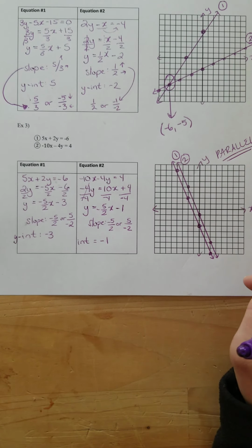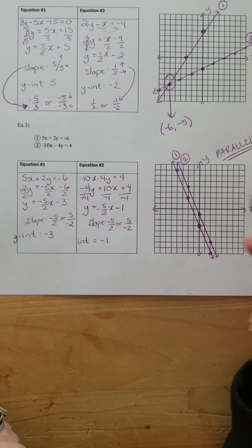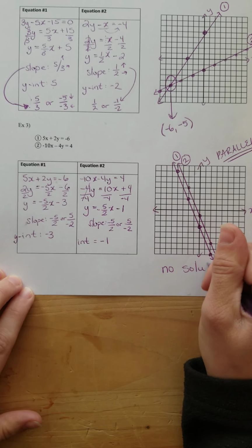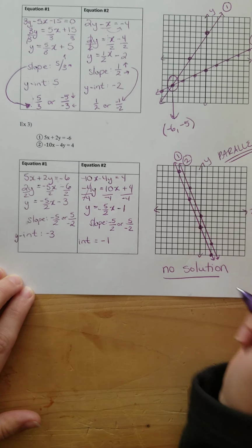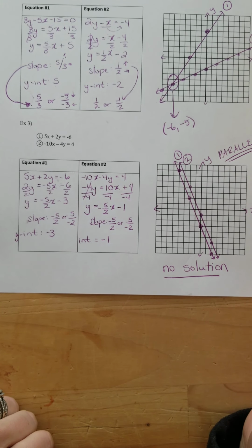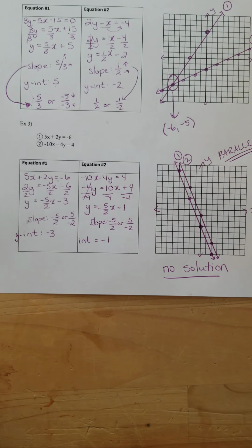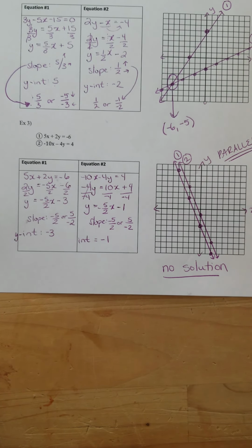They have the same steepness. Okay, so if we know these are parallel, we know they never touch. So if they never touch, there would be no solution, right? There would be no point that they ever cross at. So in this case, this is a case of no solution. Okay, so if you ever see lines with the same slopes, just stop because you know there's no solution.